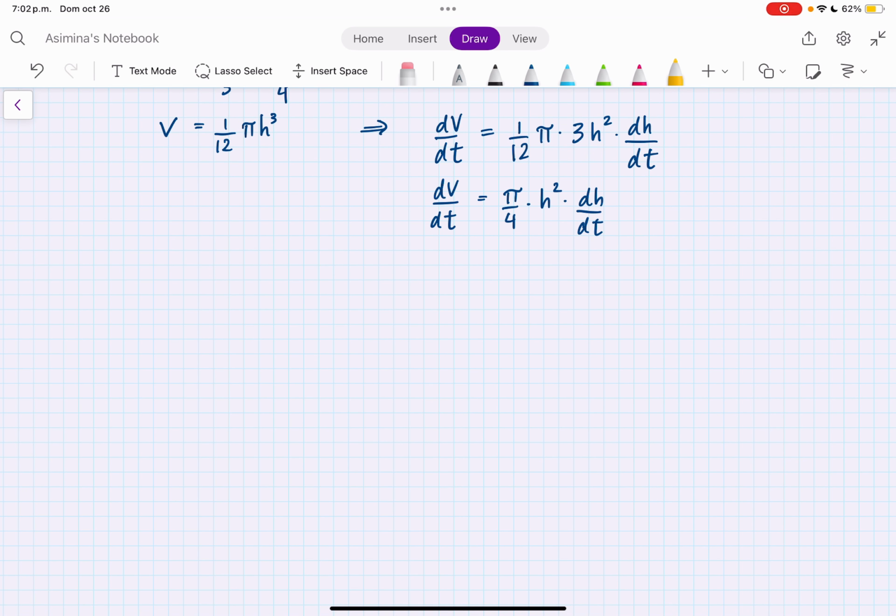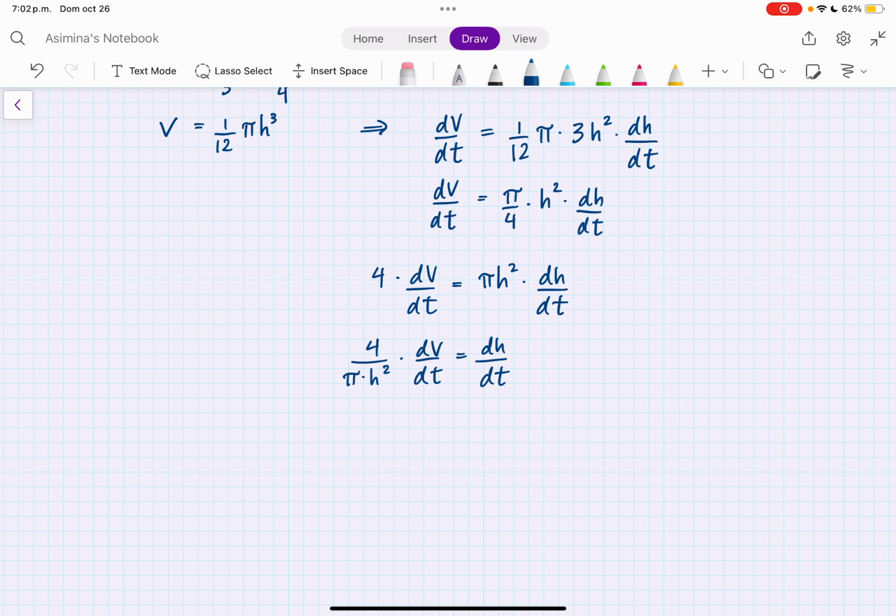I can multiply both sides by 4, so I have 4 times dV/dt equals pi h squared times dh/dt. Now I can divide both sides by pi h squared. So I have 4 over pi h squared times dV/dt equals dh/dt.